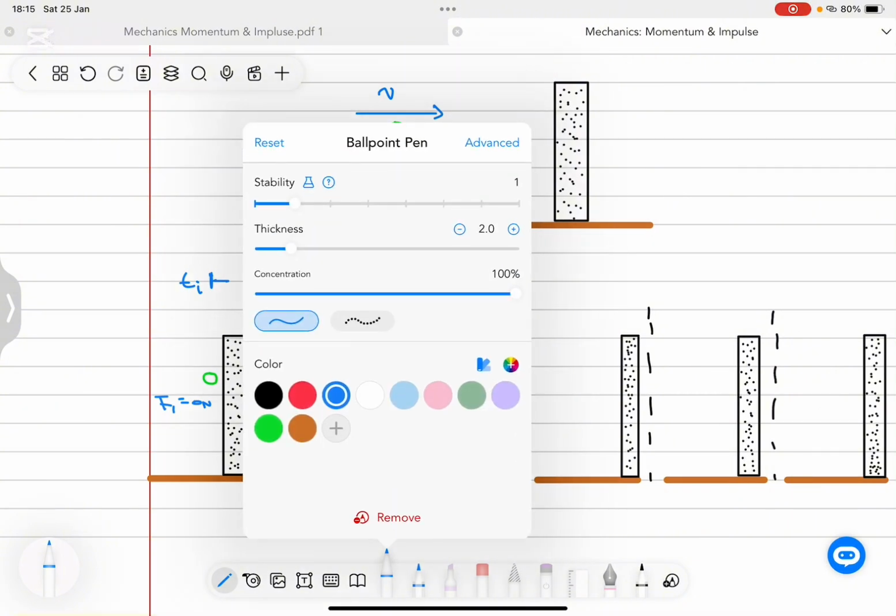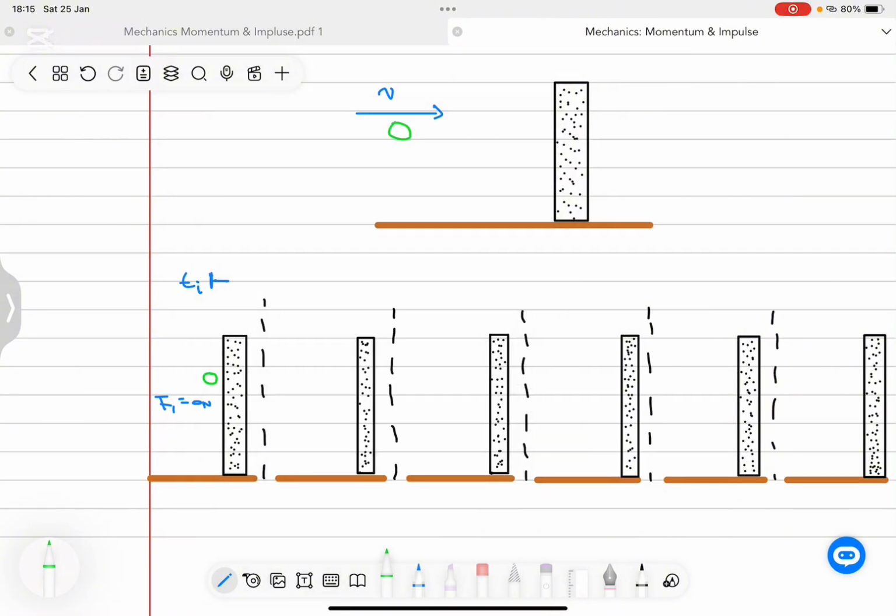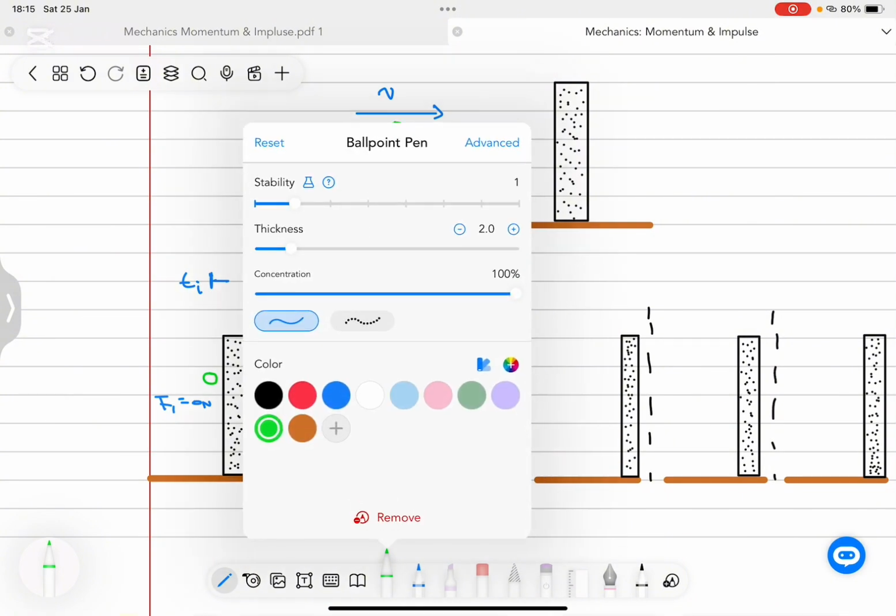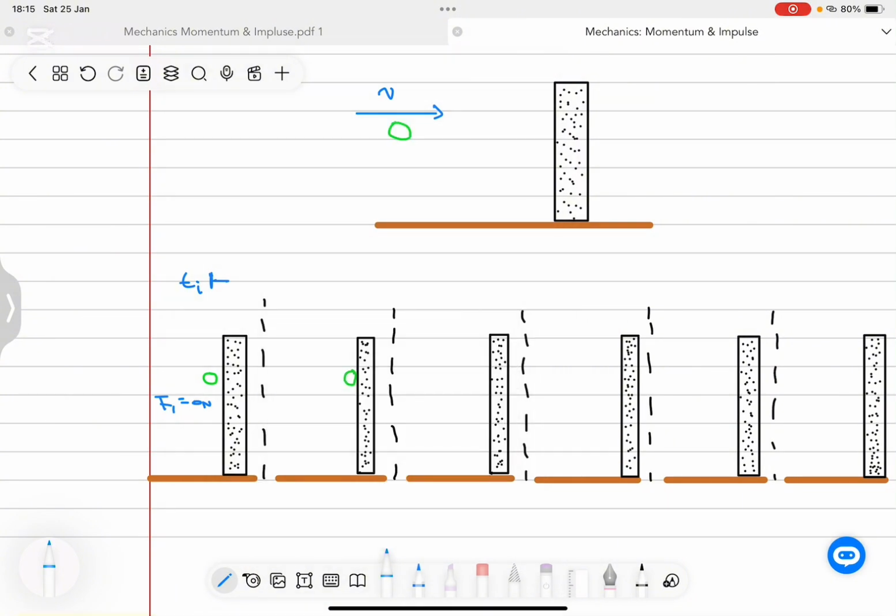In the second scenario, the ball will begin to collide with the wall. It will start touching the wall. At this stage, we are going to experience an increase in the force because the wall will start pushing the ball with a force, let's say F2.